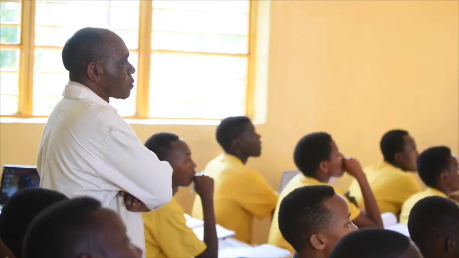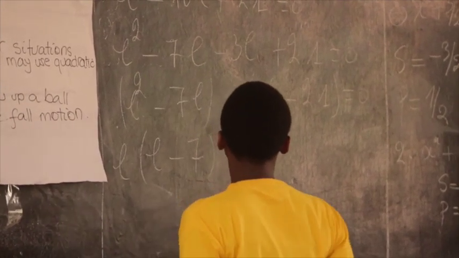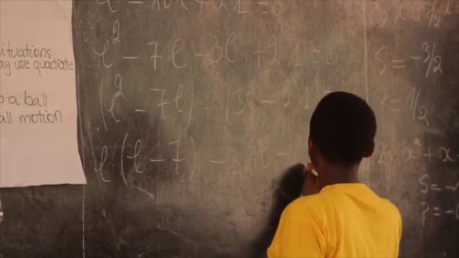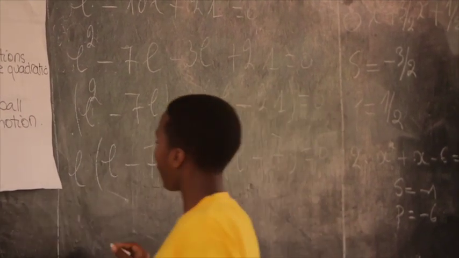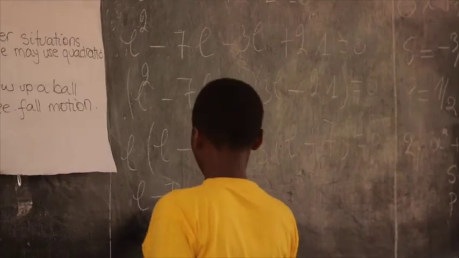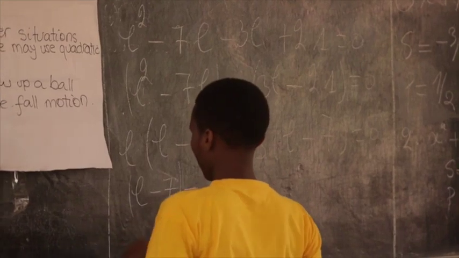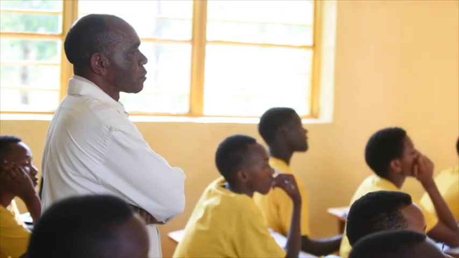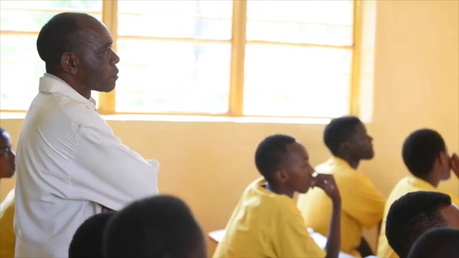Minus 7, L. And L minus 3 equals 0, L equals 3.